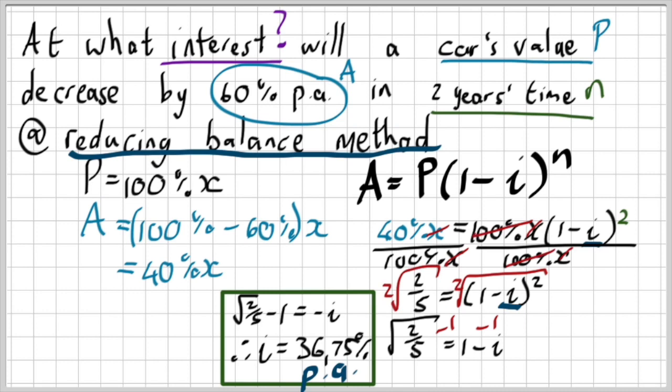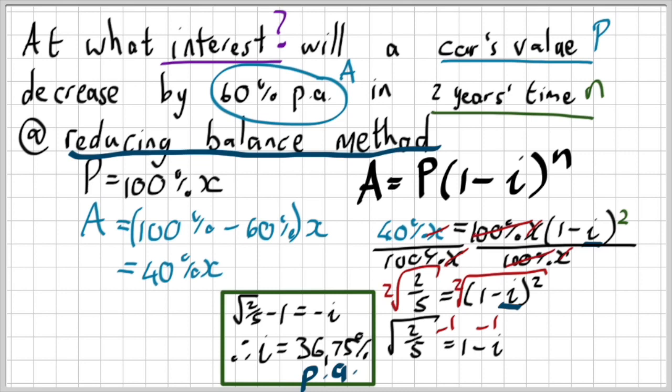So just for you to understand, the reducing balance method means that your asset, in this case a car, actually loses value on what it is worth in your books. So it doesn't lose value on how much you bought it for, but how much it is actually worth in your books.